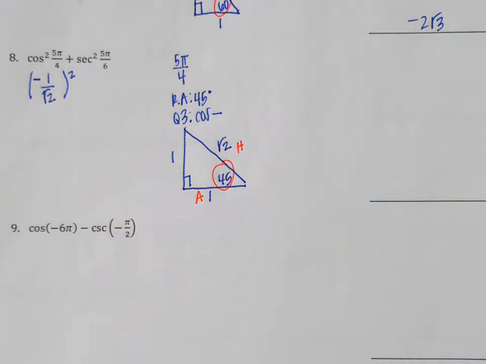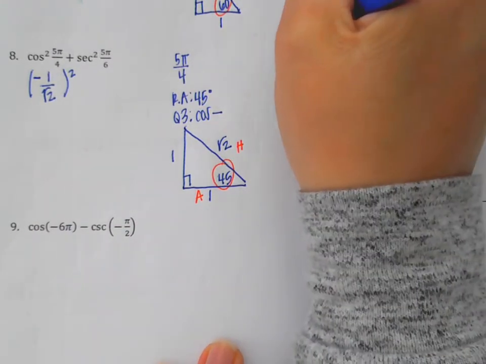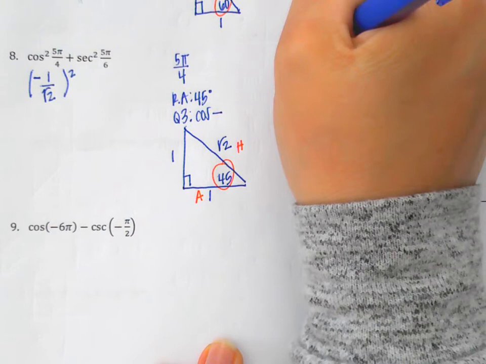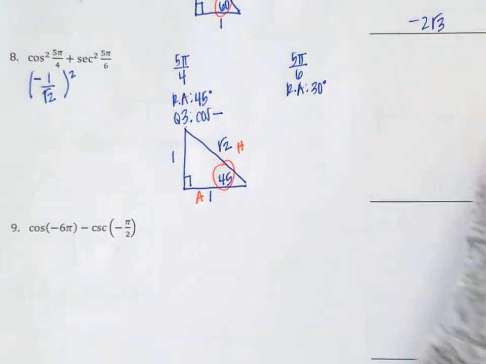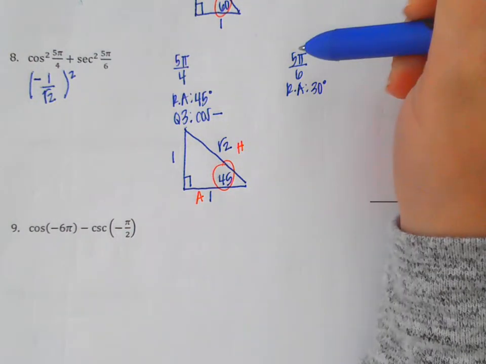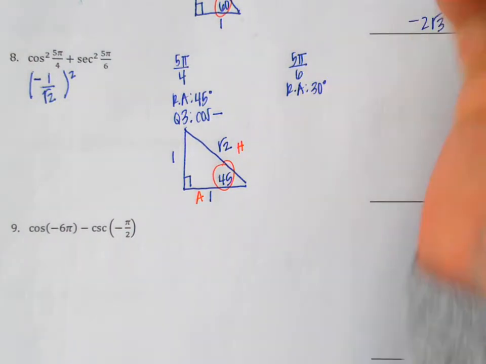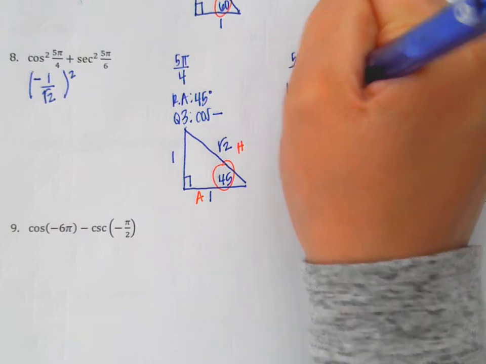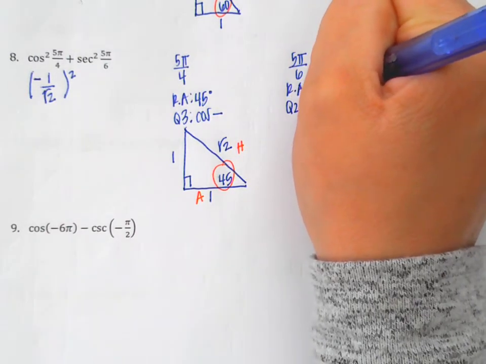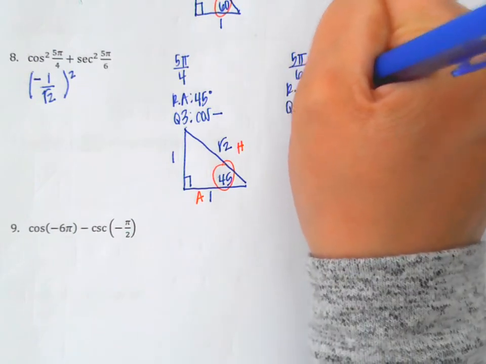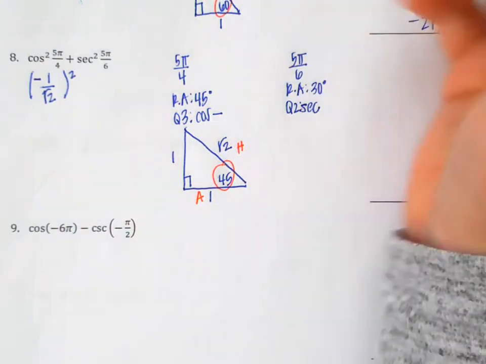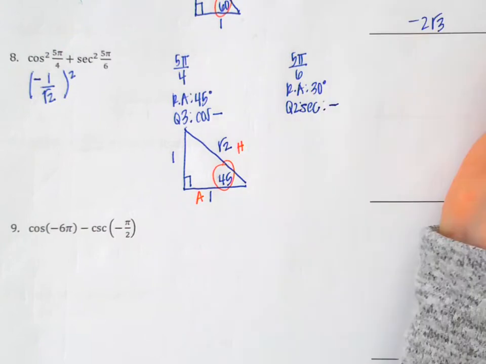Okay, so then let's deal with 5 pi over 6. So 5 pi over 6, we know that that reference angle is 30 because of the denominator being 6. And I know 5 is 1 less than the denominator, so that's going to be in quadrant 2. In quadrant 2, secant, which is the reciprocal of cosine, all students, is going to be negative.